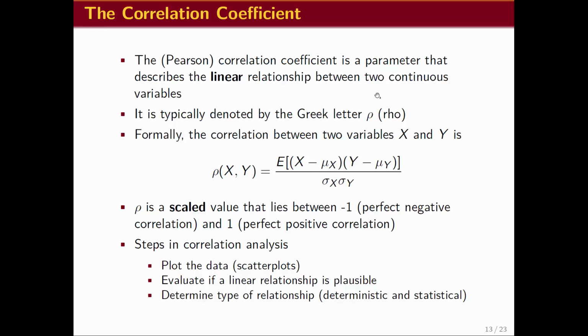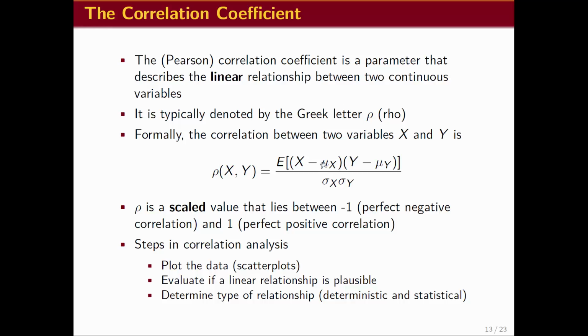Typically, we denote the correlation by the Greek letter rho. So whenever you see this thing that looks sort of like a cursive lowercase p, which is rho, that almost always is referring to the correlation coefficient, okay? So if people refer to rho, then we sort of generally agree that that is referring to the correlation between two variables, okay?